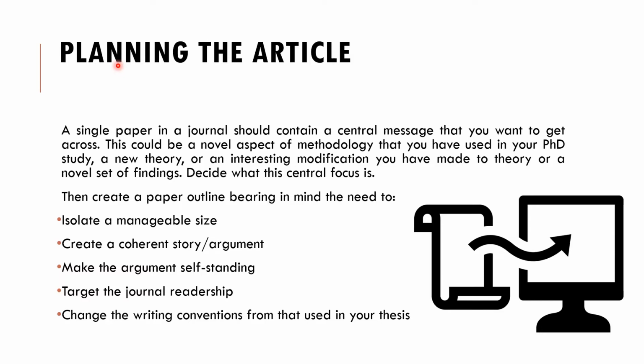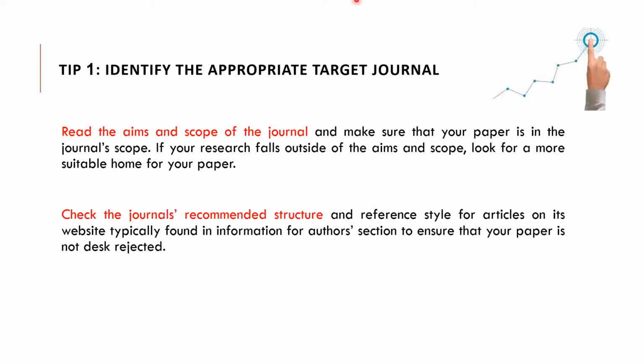You need to make some changes as well, because in your thesis, the argument you make depends on the formatting of the university. But in the journal, it will be different. I will show you later one of my papers, how I changed the details to follow the guidelines of the journal. So this is very important.